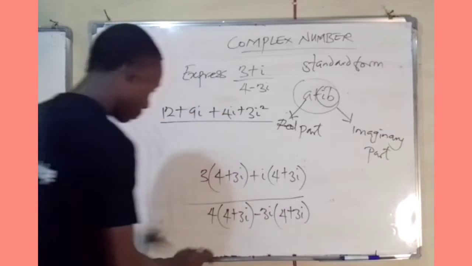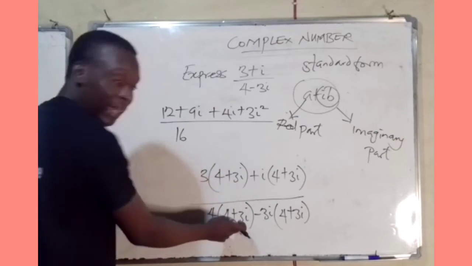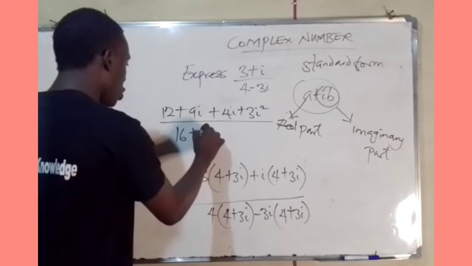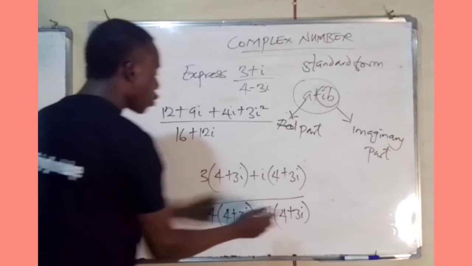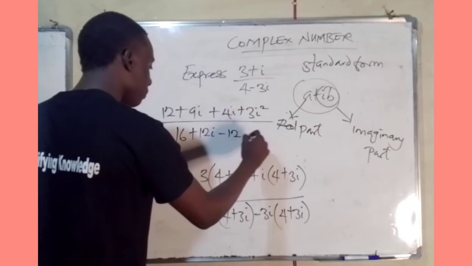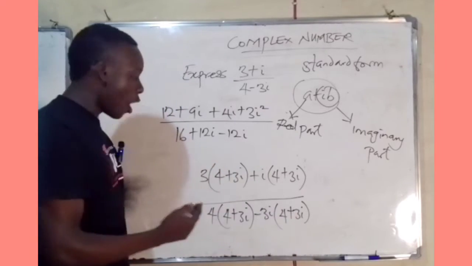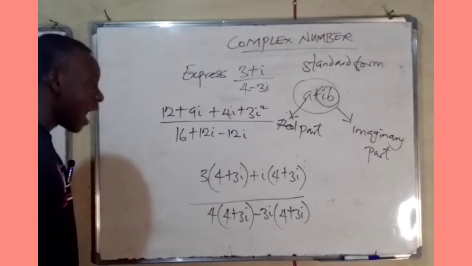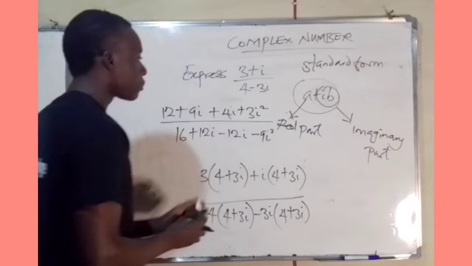All over, 4 times 4 is 16. 4 times 3i is plus 12i. Minus 3i times 4 is minus 12i. And minus 3i times 3i is minus 9i squared.